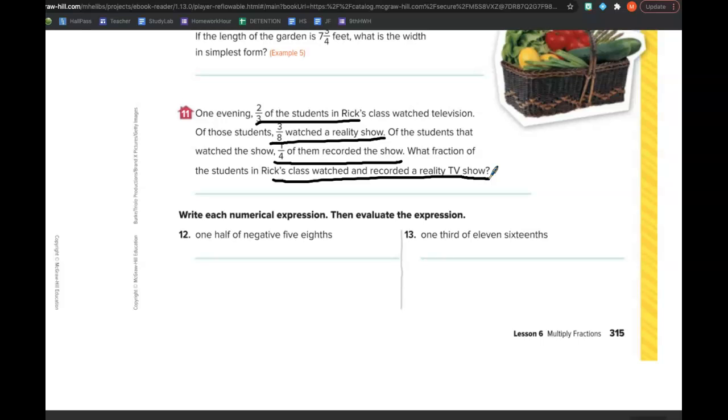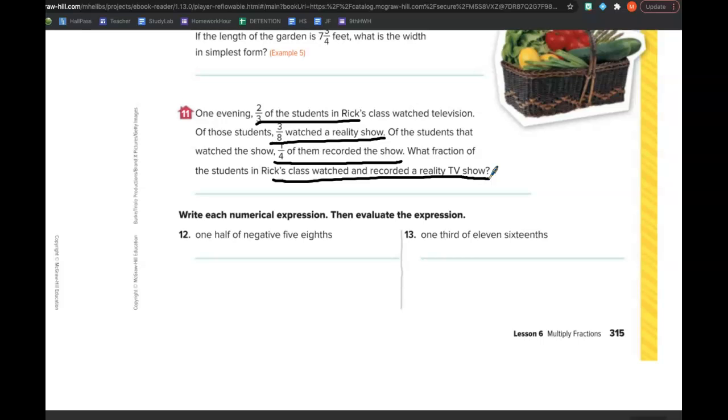Okay, so 2/3 of the class watch television. Of the 2/3 that watch television, 3/8 watch this reality show. And of those people that watch the reality show, 1/4 of them record the show. And we need to figure out what number of the class watches and records the show.